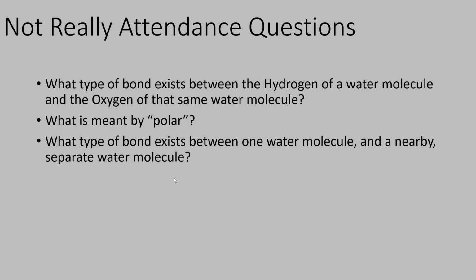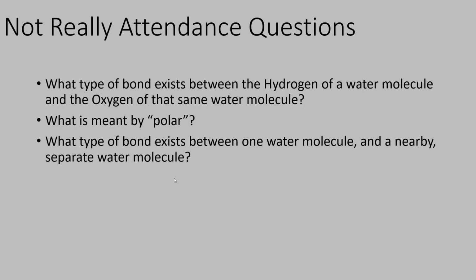Now, remember last time, covalent meant sharing electrons. Nobody took anything, nobody gave away anything. They are sharing electrons. But we also mentioned that there were different types of covalent bonds. So let's be a little bit more specific here and see what type of covalent bond exists in a water molecule.